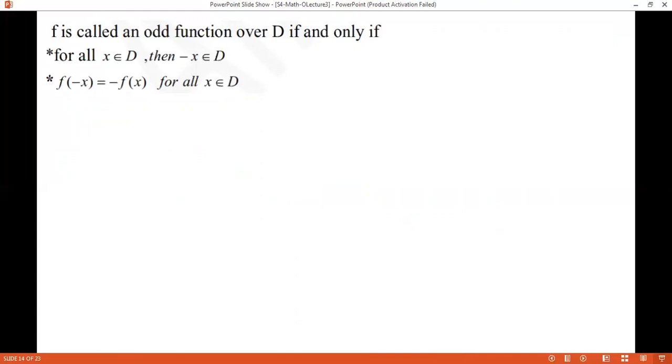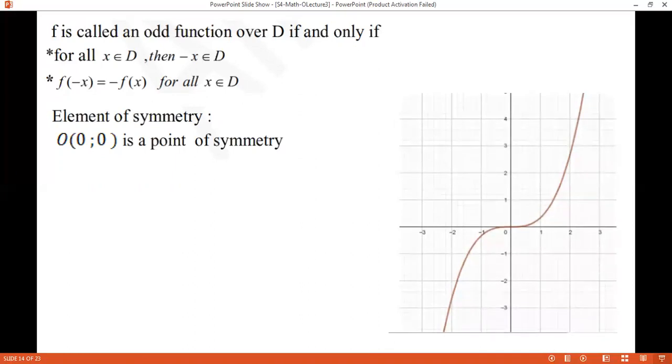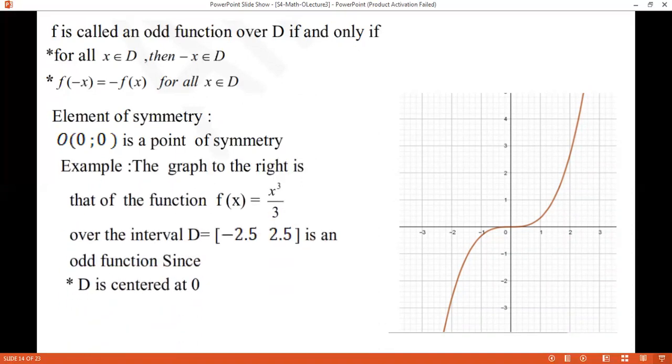But first of all, if it's odd, then the center O, which has coordinates (0, 0), is the point of symmetry. So in even, we have an axis of symmetry; in odd, we have a point of symmetry. Look at this curve. It's obvious that the two parts are symmetrical to each other with respect to the point O.